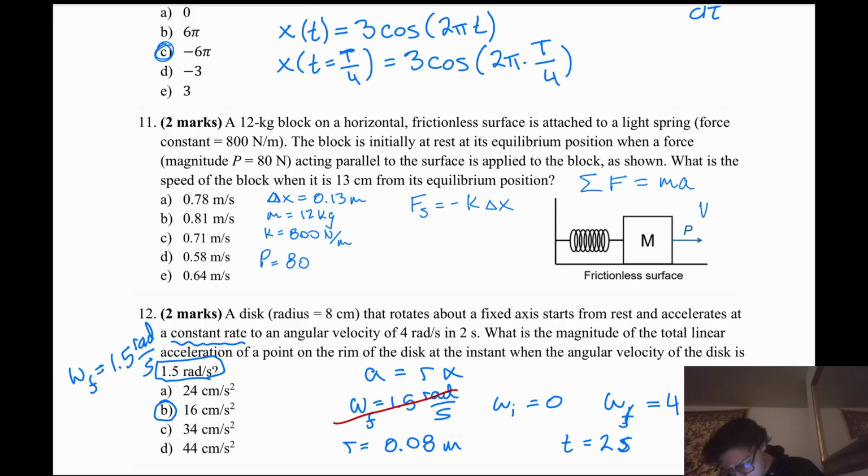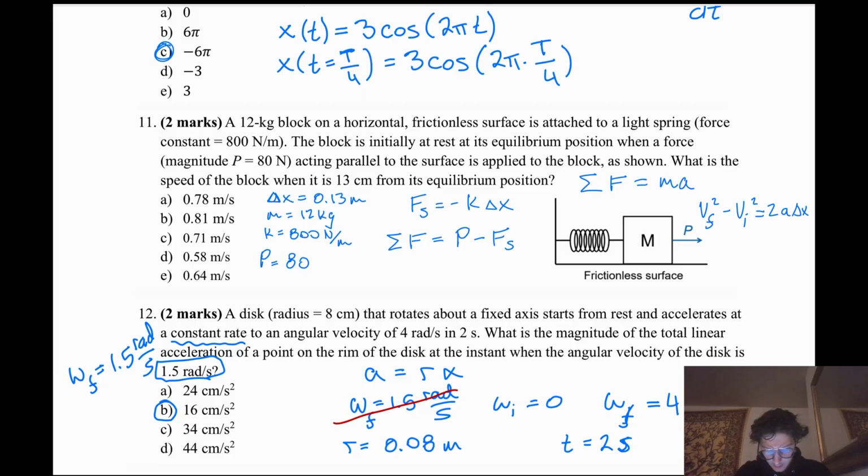The acceleration at a specific point. Then we use this equation, V final squared minus V initial squared is equal to 2A delta X. And we have delta X, we have A, we can find the final velocity there. Does that make sense? But when you do sum of Newton's second law, I think what's happening here is it's P minus force of the spring. Does that make sense? You know what? I'm gonna plug all these numbers in, see if we get something, and then I think we're gonna be chilling.